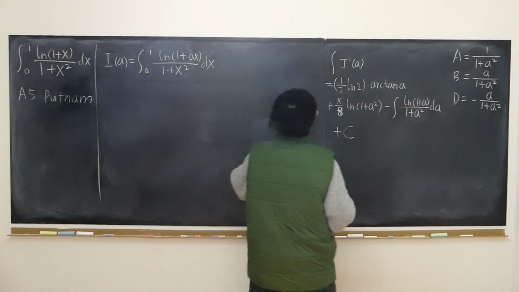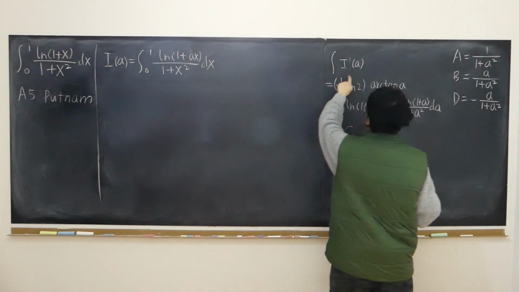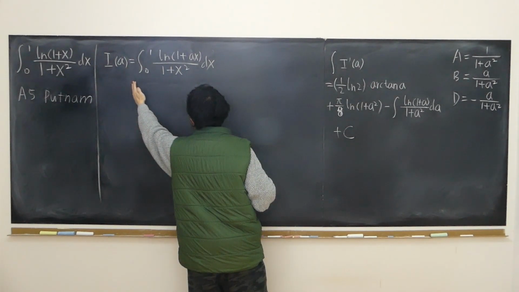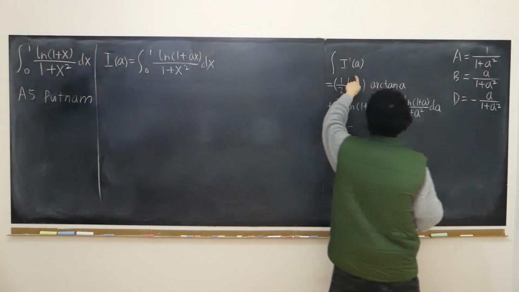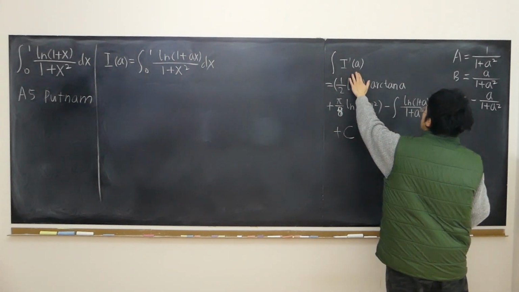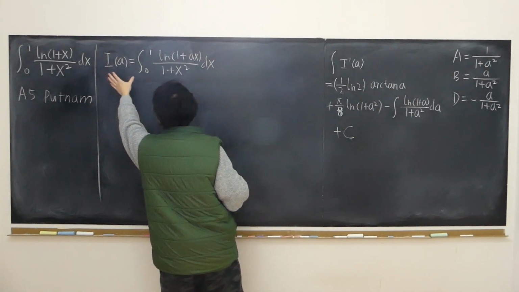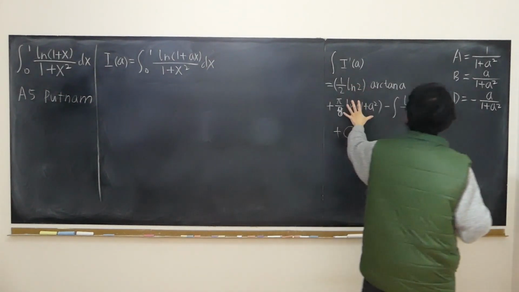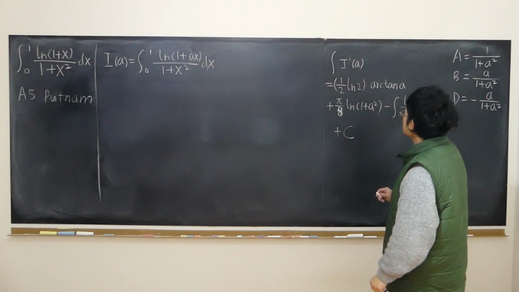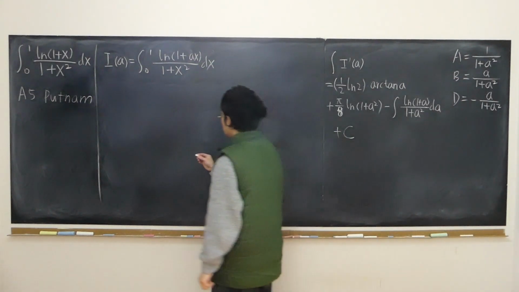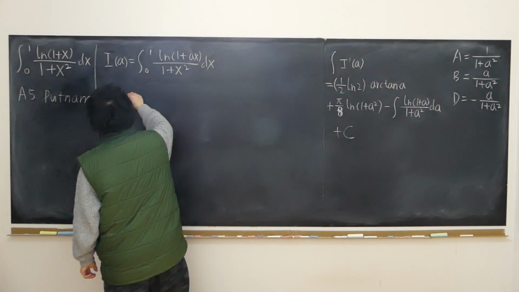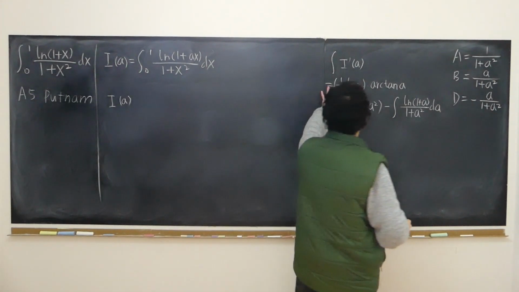And so that means, right, we differentiate that to get to I dash A. So this is actually one of the many antiderivatives of I dash A. And this is also one of the many antiderivatives of I dash A. So the difference between this and that should also differ by some constant, some C. Right, so the difference between I of A minus this also differs by some constant.